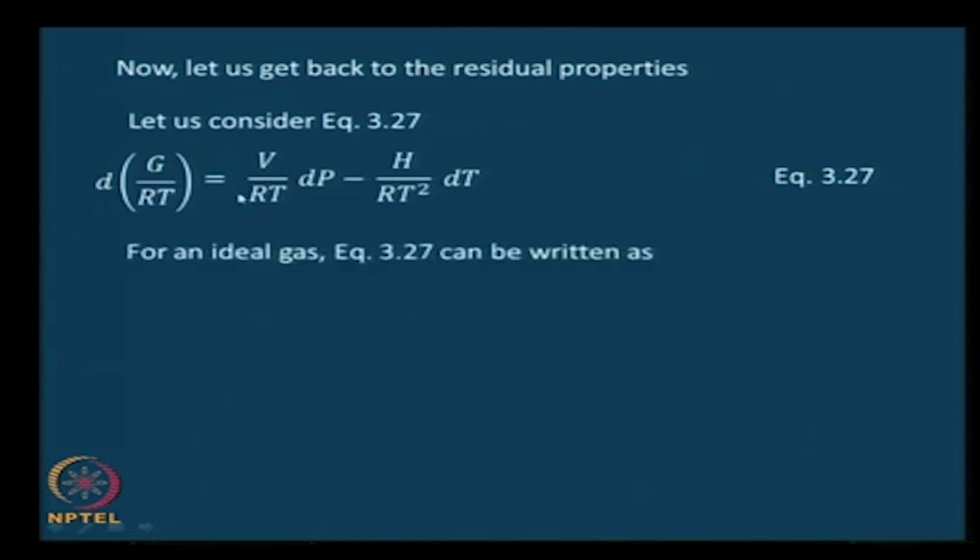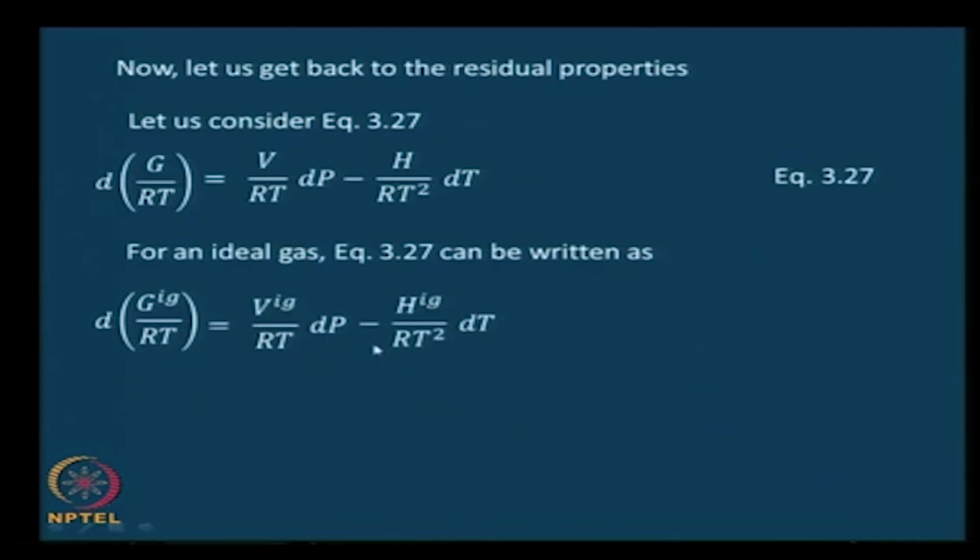If we write this for an ideal gas, then this becomes D of G ideal gas by RT equals V ideal gas by RT dP minus H ideal gas by RT squared dT. Let us call this equation 332 to be in line. 327 came a little earlier, equation 332 is the next number in sequence.